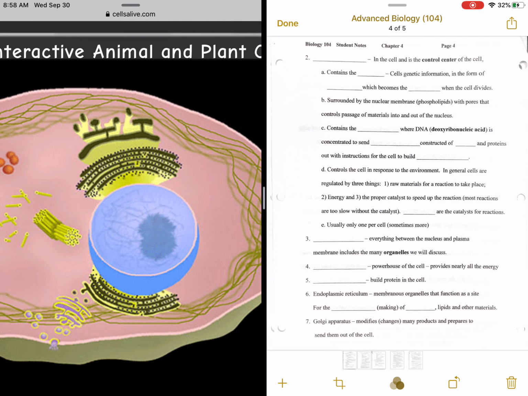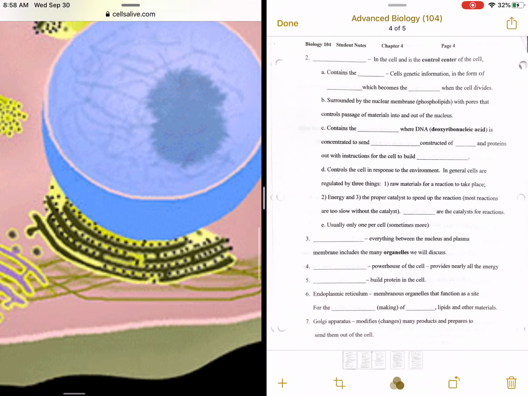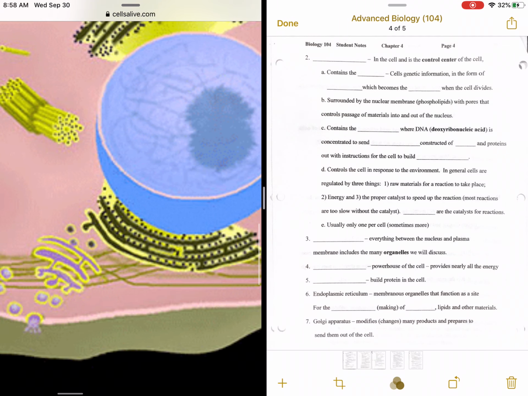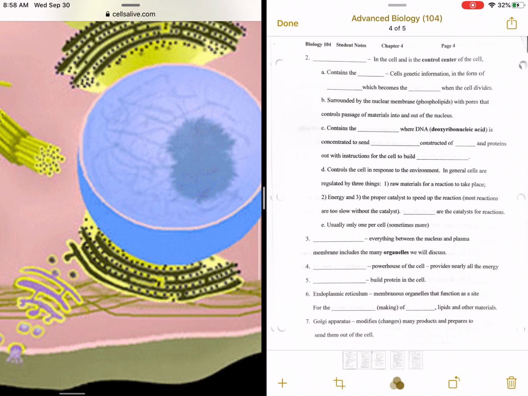The mitochondria, of course, is the powerhouse of the cell. If you had AP biology, you know it does oxidative phosphorylation, which means it joins a phosphate group onto ADP to make ATP. Ribosomes build protein in the cell. Those ribosomes are usually found on your endoplasmic reticulum, which is your next note, but sometimes they are found free-floating in cells. The endoplasmic reticulum is a membranous organelle that functions as a site for the synthesis of proteins, lipids, and other materials.